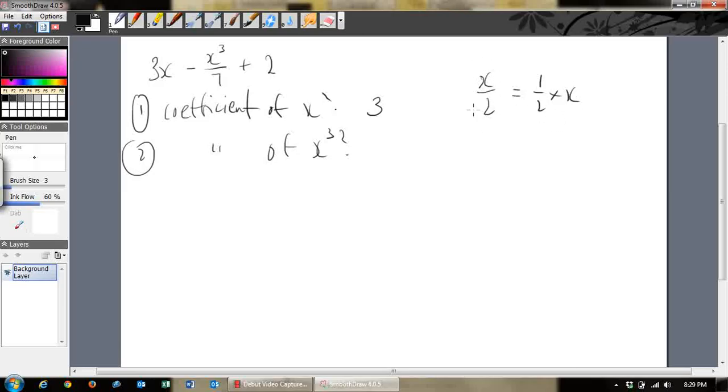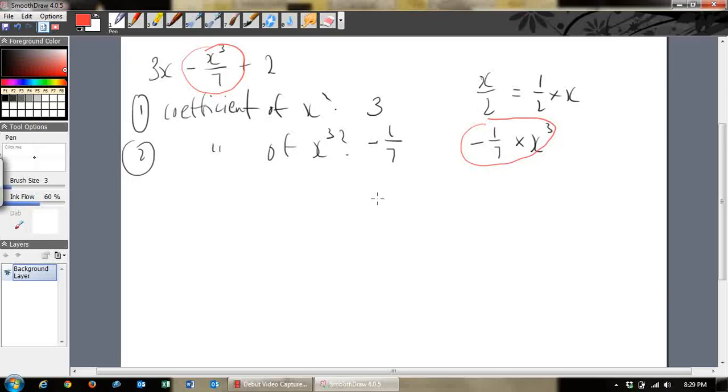So if you had x over 2, the coefficient would be a half. In this case, it's not a half, it's actually negative 1/7. The other way you could write this is negative 1/7 of x cubed. I'll circle that. That there is exactly the same as that there.